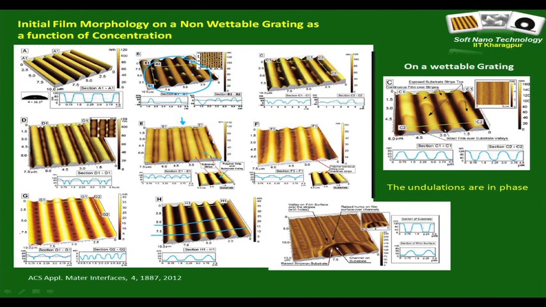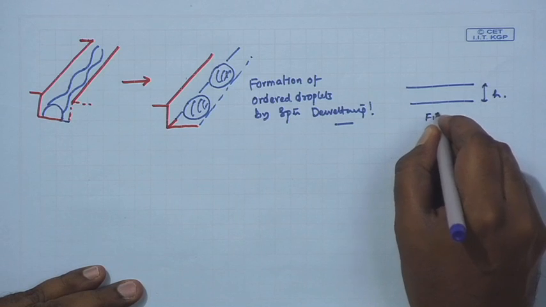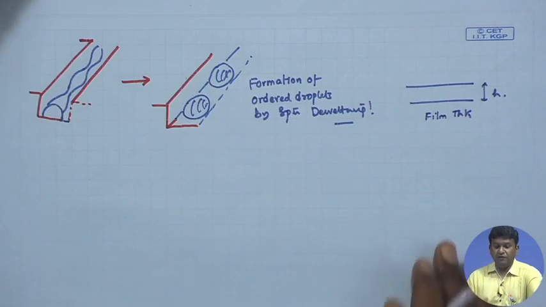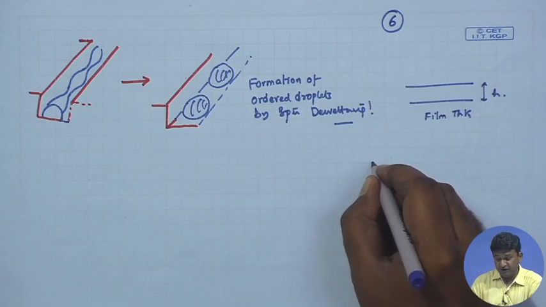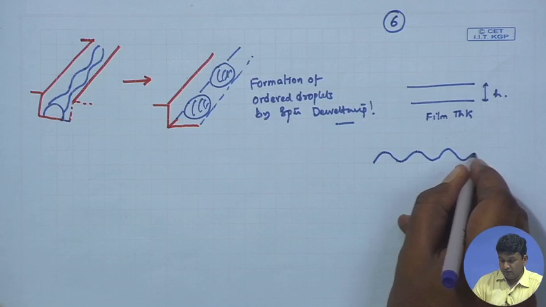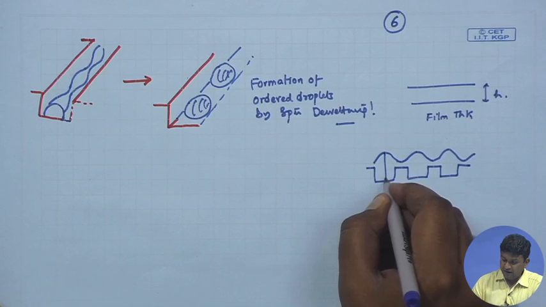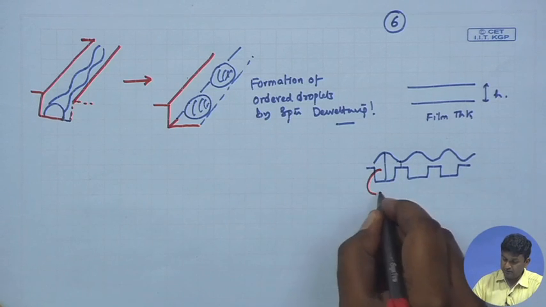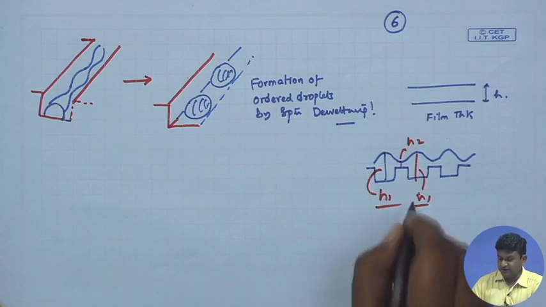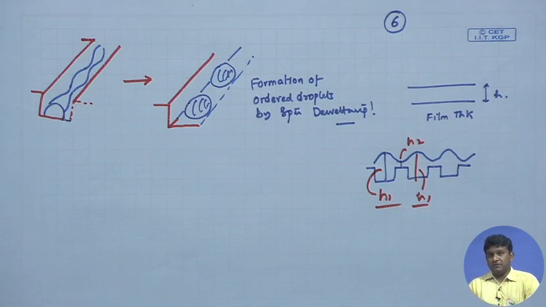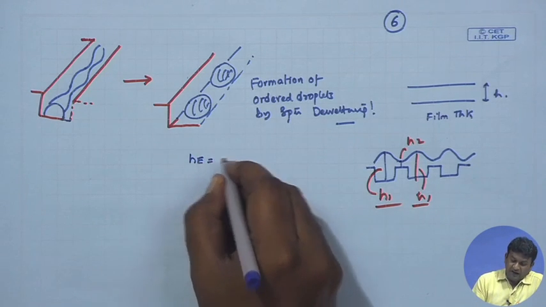Because typically we are used to identifying this as the film thickness, right, but even if your film is continuous on a topographically patterned substrate, you have undulations like this, where in fact film thicknesses are different. So, a convention that is followed is to represent an effective film thickness.